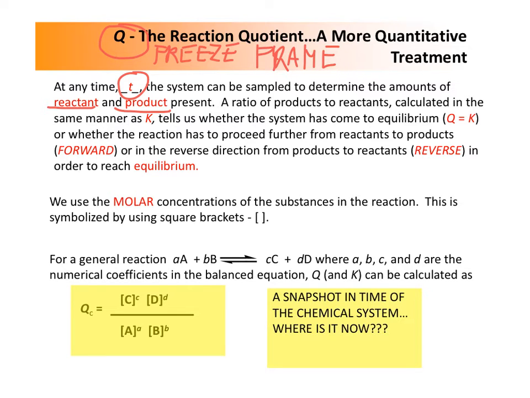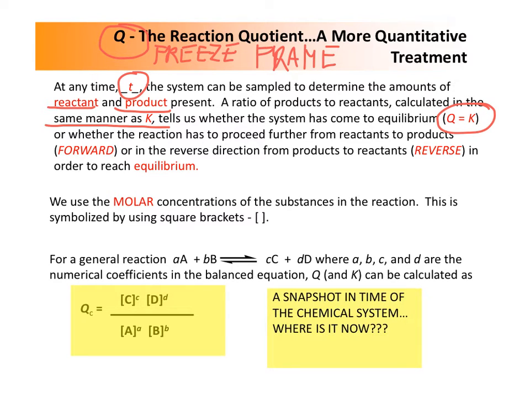A ratio of products to reactants calculated in the same manner as K. So all the rules that apply to writing K now apply to writing Q, the reaction quotient. And when the system actually does reach equilibrium, then we say that Q is now equal to K, and the system's at equilibrium.